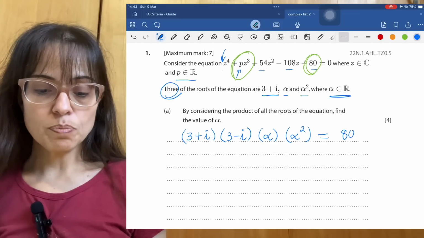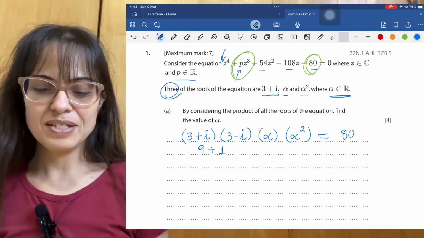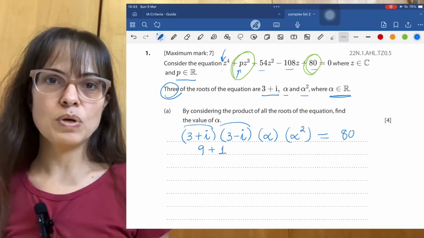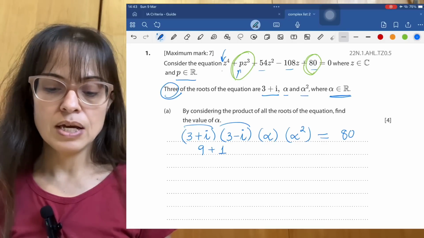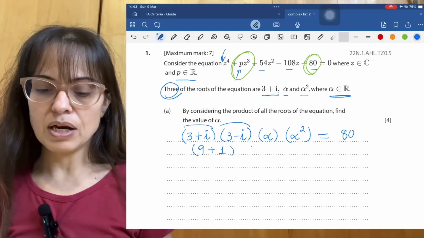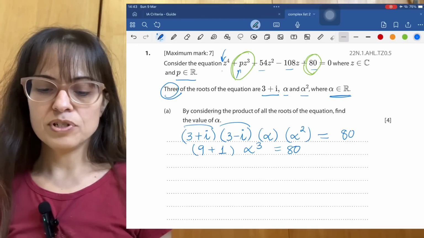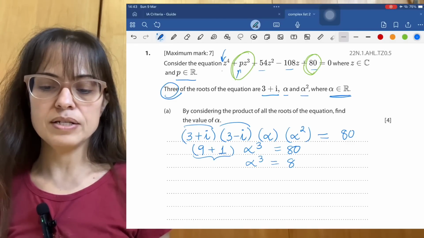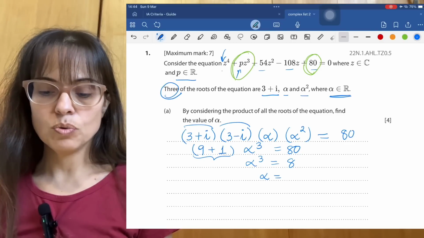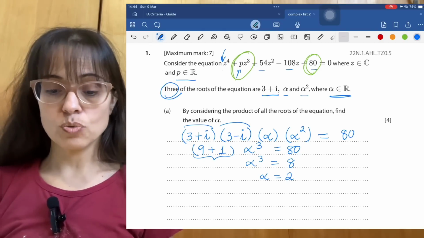So I'm just going to multiply here. 9 plus 1 is this times this, because I'm using a special product, and the fact that i squared is equal to negative 1. And then multiplying by alpha to the power of 3 is equal to 80. Obviously, this is 10, so alpha to the power of 3 is equal to 8. And then alpha equals 2, which is what I wanted to find in part A of this question.